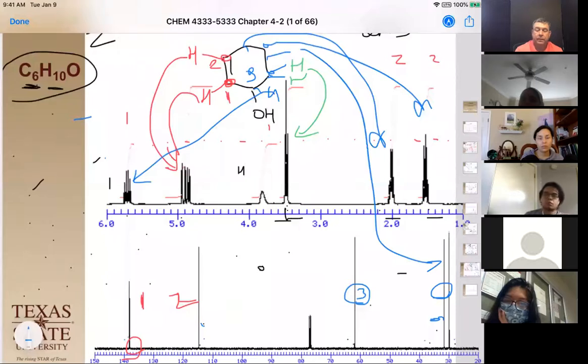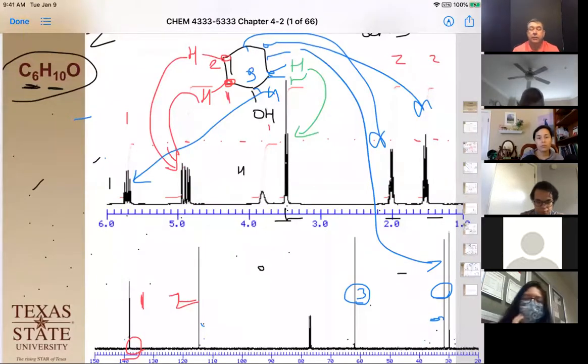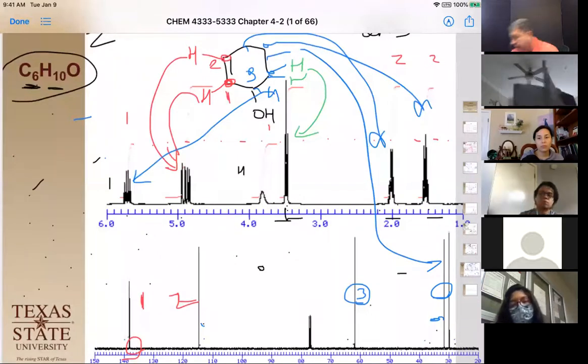Okay, so whenever you end up coming up with your structure, go back and make sure it fits your data. Don't just say, oh, I think I saw it. We have a structure that's consistent with all our data. We can identify which hydrogens are where in the spectrum, and we can support that with where our relative shifts should be in our NMR, in our books here. In fact, I believe that structure is in our proton NMR area, and we can see how close we got to the structure there.